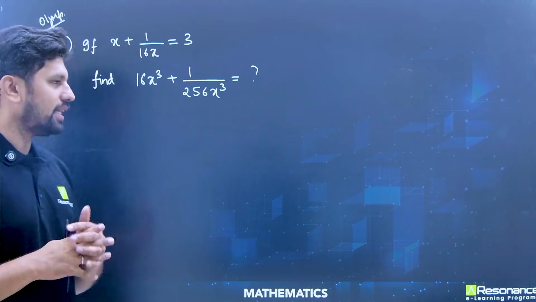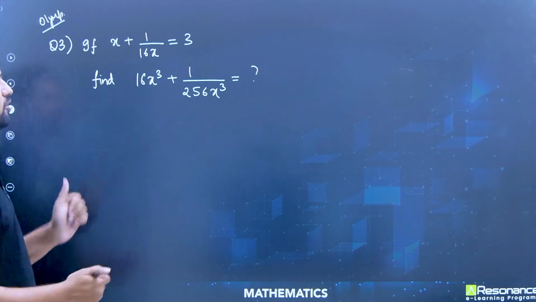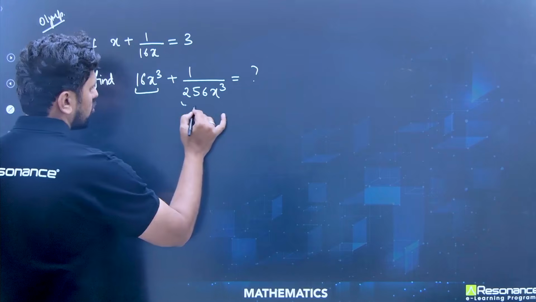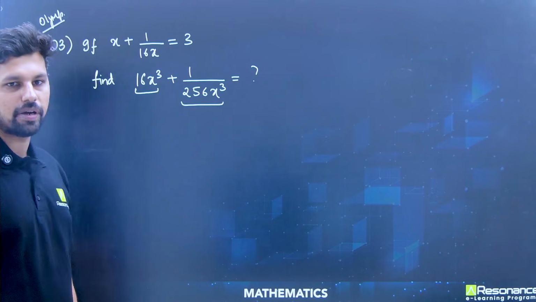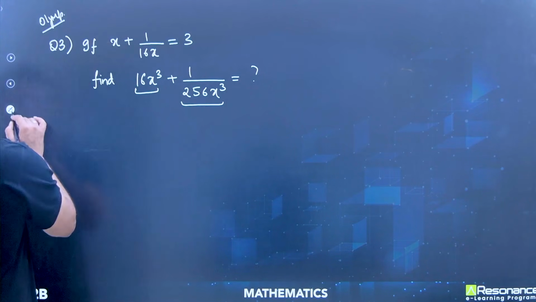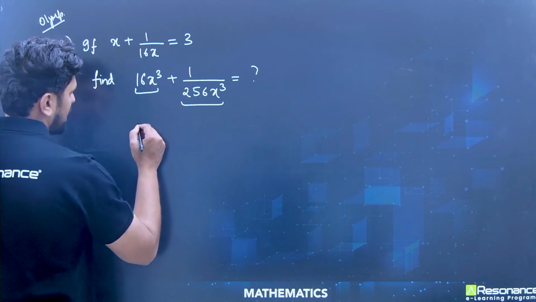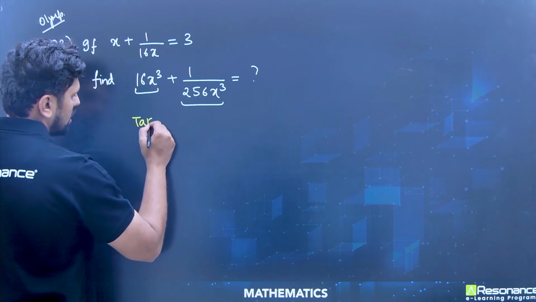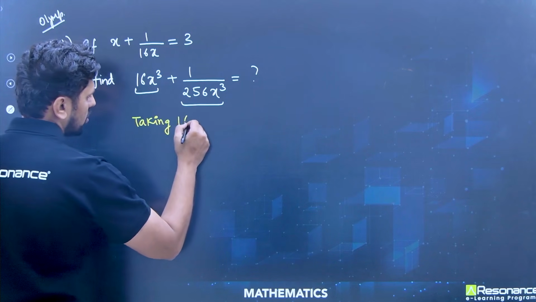So first thing, see here, this is not a perfect cube, nor is this a perfect cube. Both numbers are not perfect cubes, but we can make it a perfect cube just by taking 16 common.